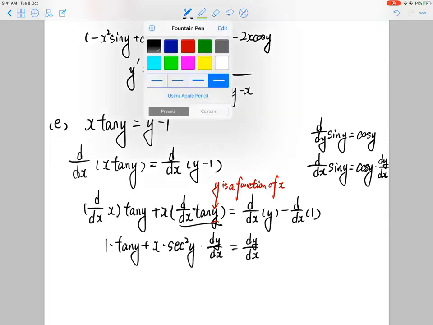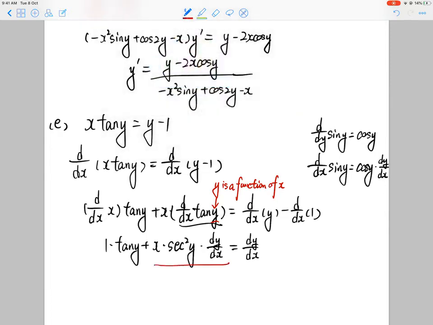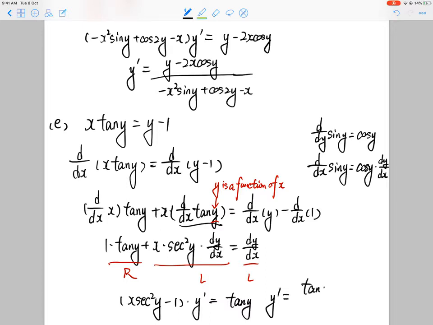Then same, we move every term containing dy over dx to the left. We move this to the right. So it's x secant squared y minus 1, we can also write it as y prime, times y prime equals the right side, tangent y. Okay, so y prime is tangent y over.